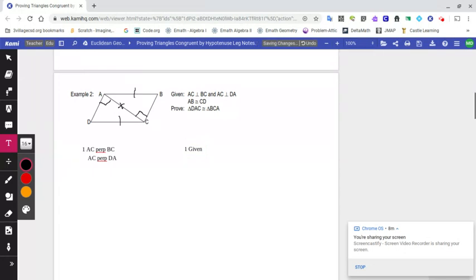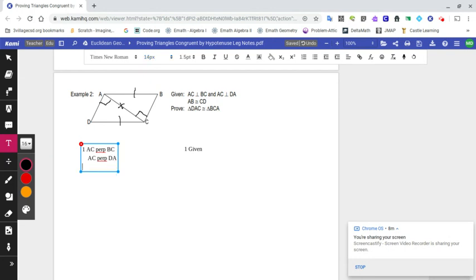Step 2, I have to use three letters here: angle DAC and angle BCA are right angles, by definition of perpendicular.